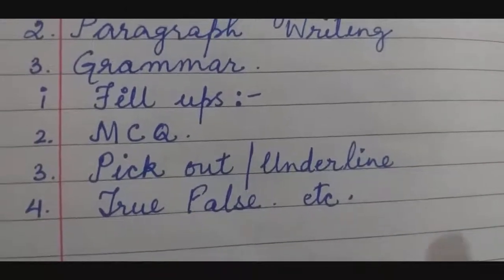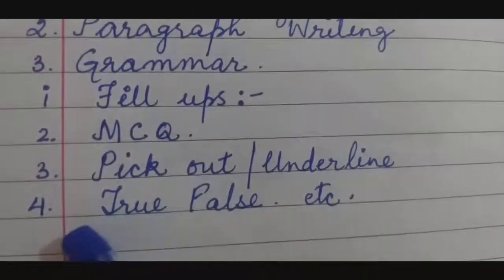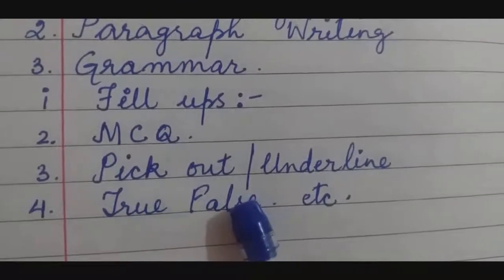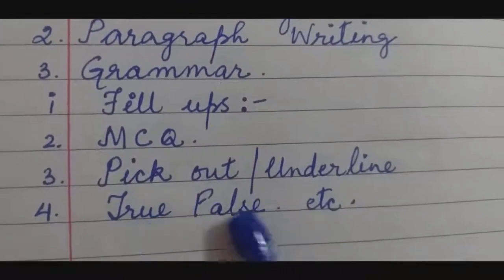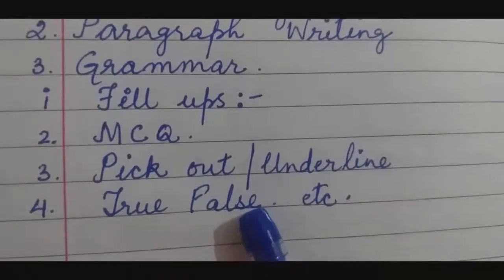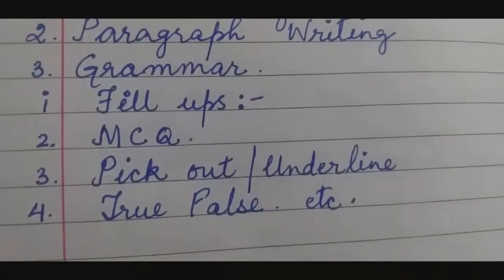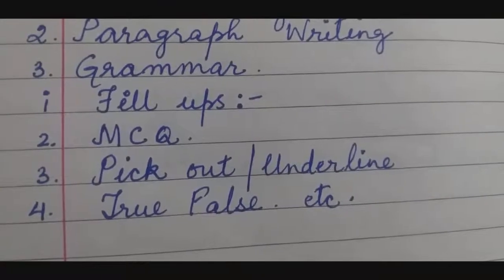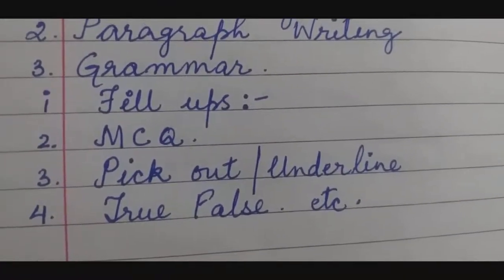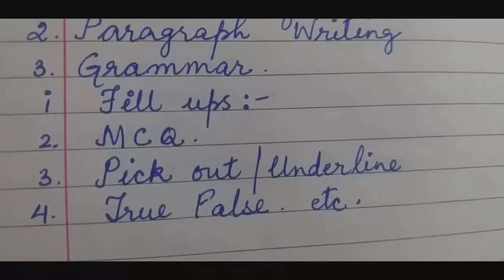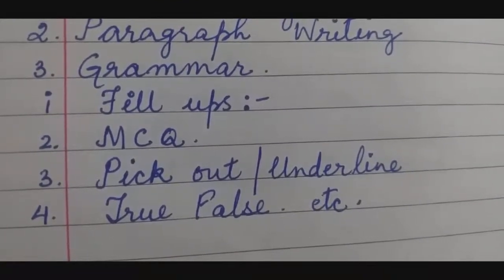Is it clear? And then after that I would be giving you true and false. Now don't think that because this is grammar, there won't be any true and false. There can be true and false. Let us just give an example of noun. Suppose I say the pronoun is the name of a person, place, animal or thing.